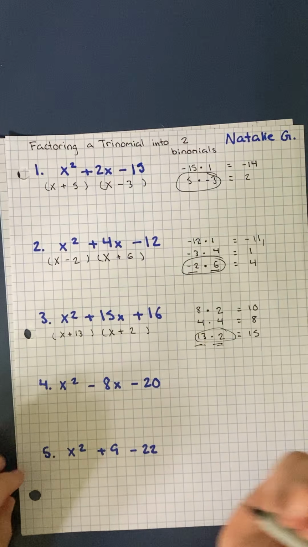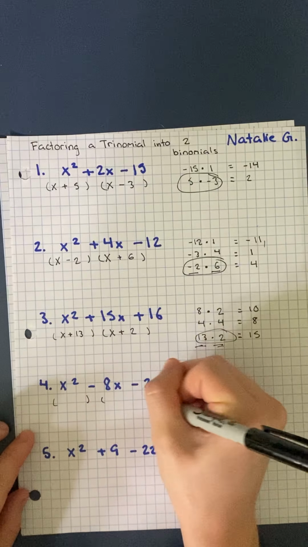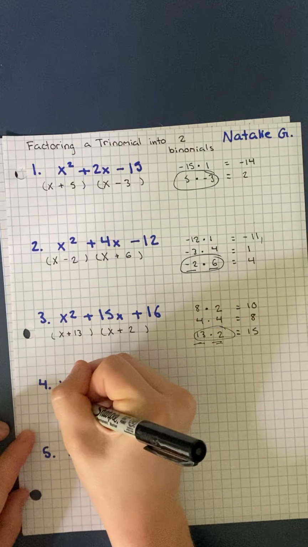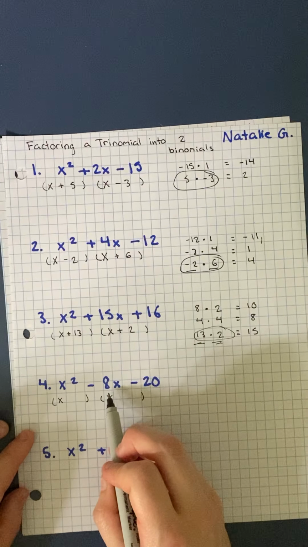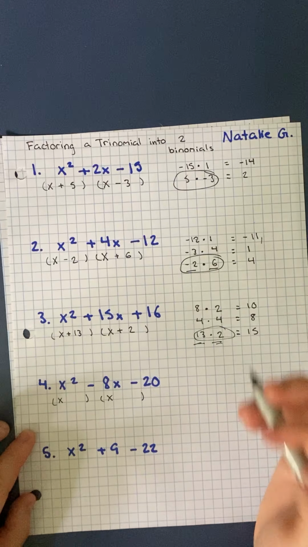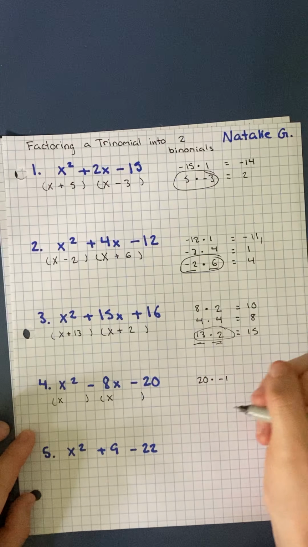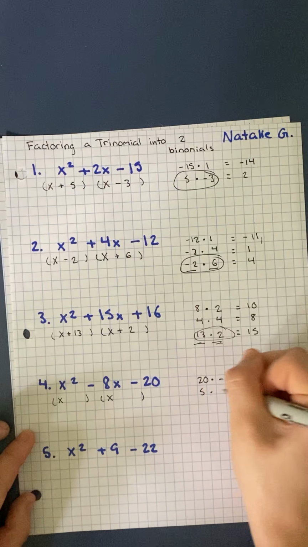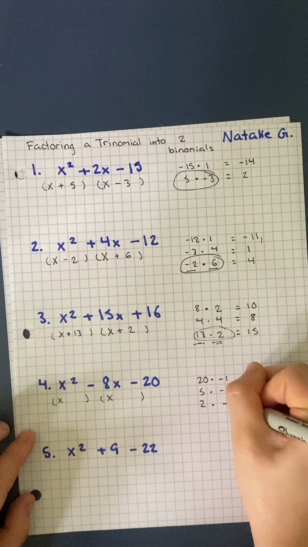Then we're going to go to number 4, and that's 2 parentheses again, and separate the x, and skip the middle one, which is -8, and move on to -20. All the possible outcomes for -20 could be 20 times -1, or 5 times -4, or 2 times -10.